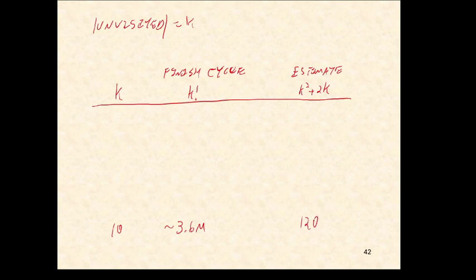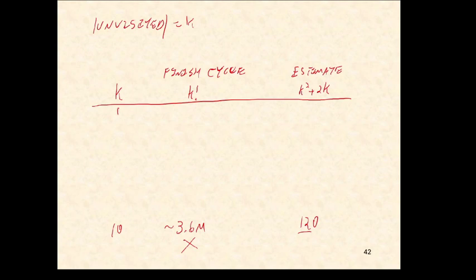So if I spend 120 operations doing the estimate, if promising still says true, I've added 120 work. But if promising says false, I've eliminated 3.6 million work. That's a big win.